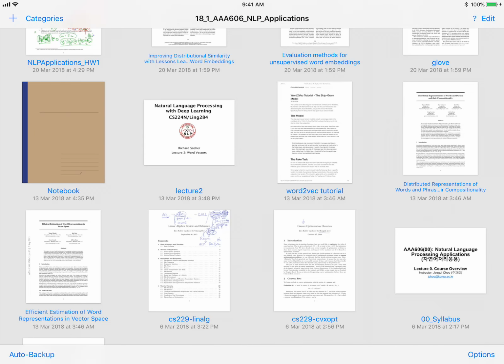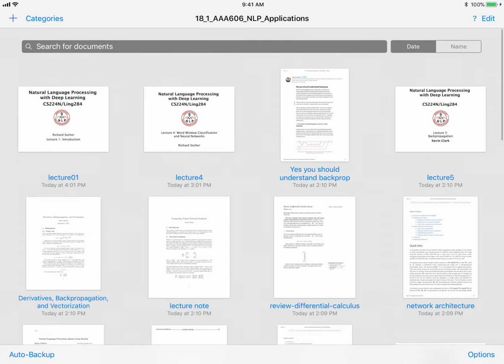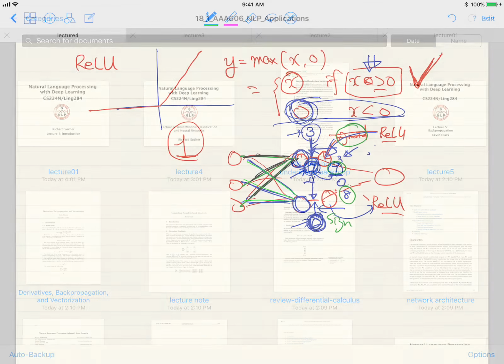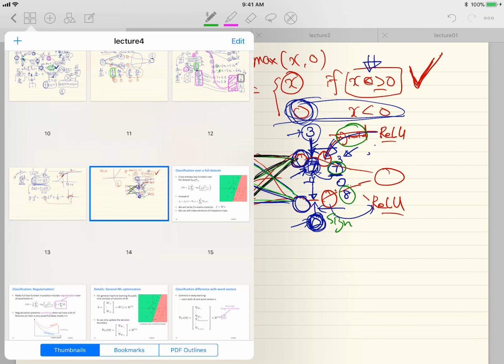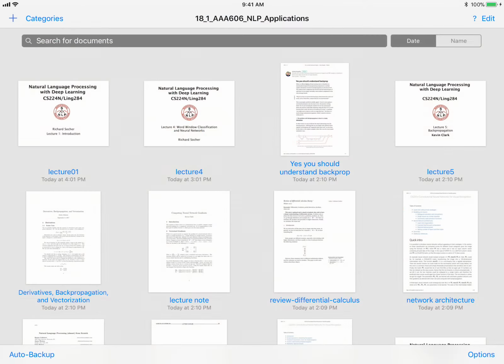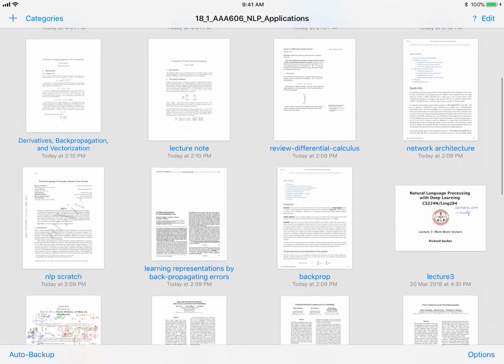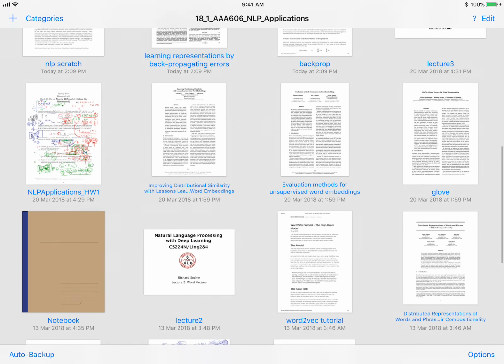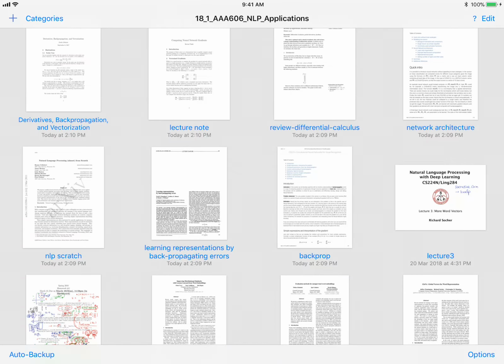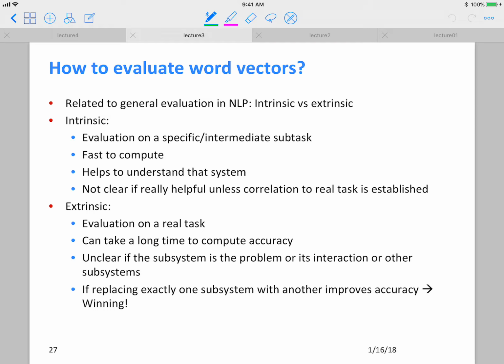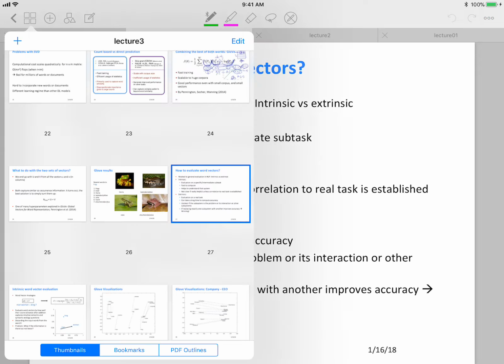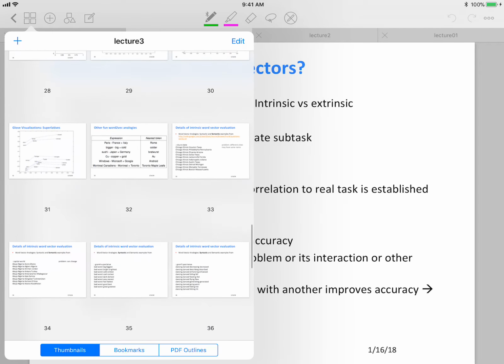So since one of the students asked about the hierarchical softmax, let me just briefly, hopefully briefly, describe how it works. Let me see.